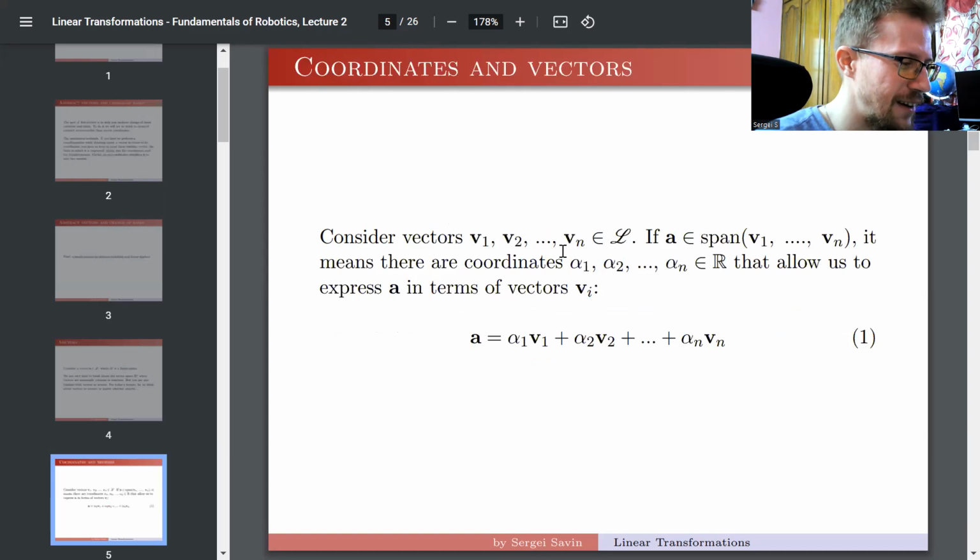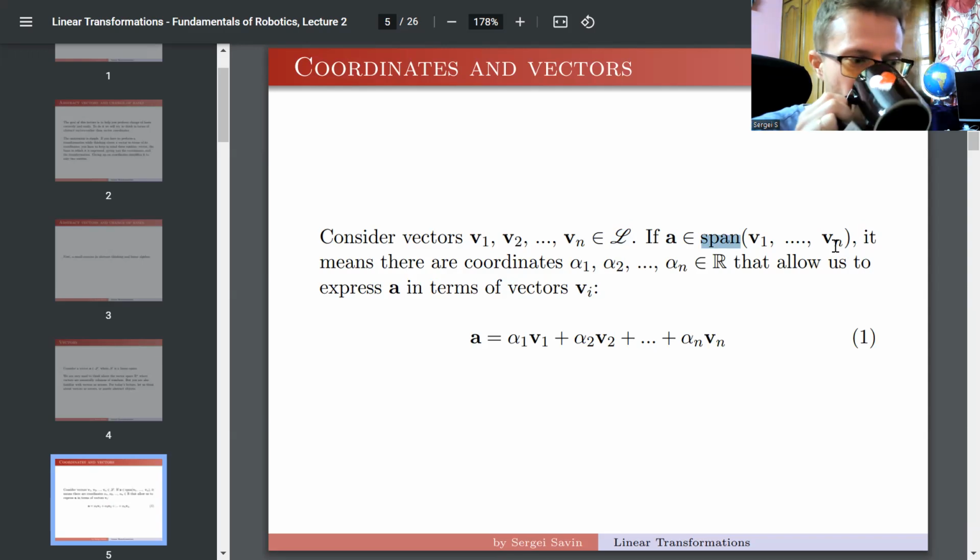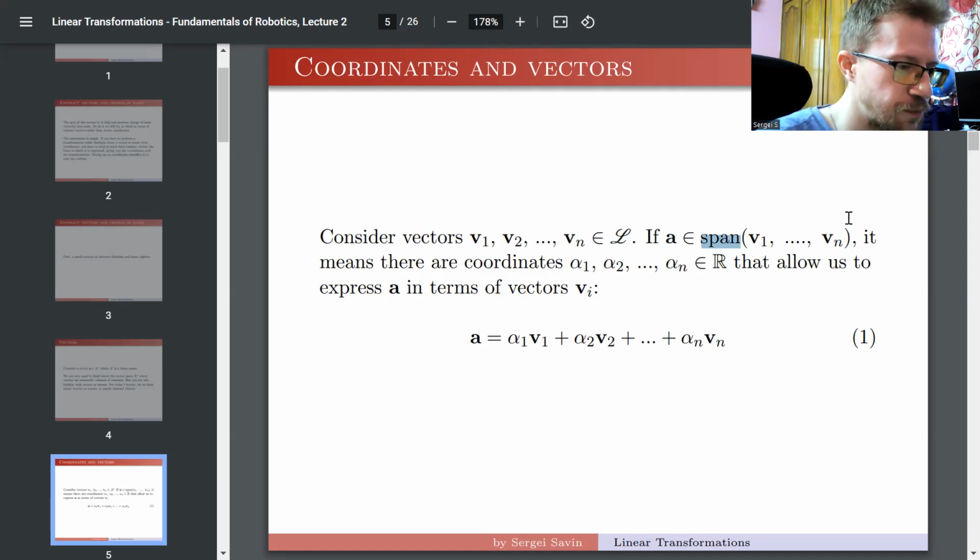Okay, good. Now let's consider n such vectors: v1, v2, v3, up to vn. They're all elements of linear space L. Let's say A is in the span of those vectors. Do you remember what span is? It is the set of all linear combinations of those vectors.